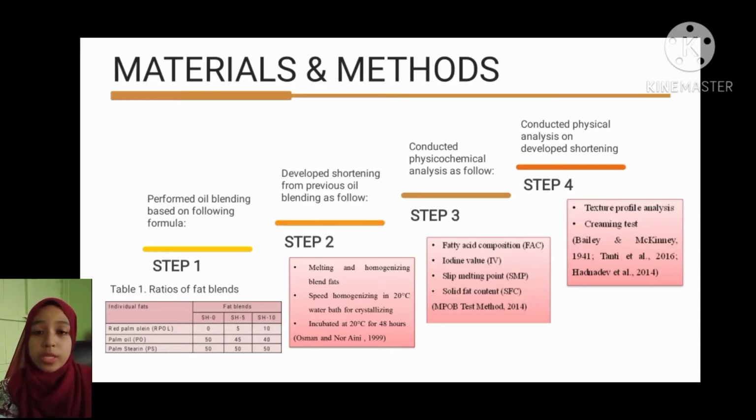I would like to proceed with the materials and methods, where at the first stage I performed oil blending based on the following ratios.